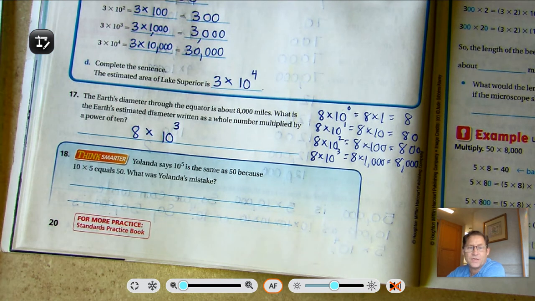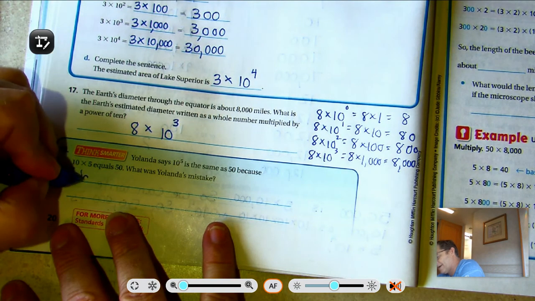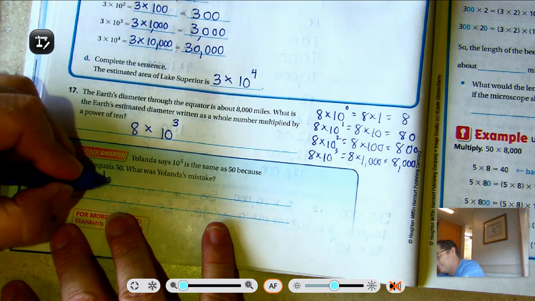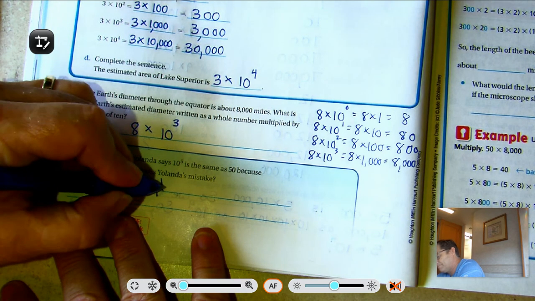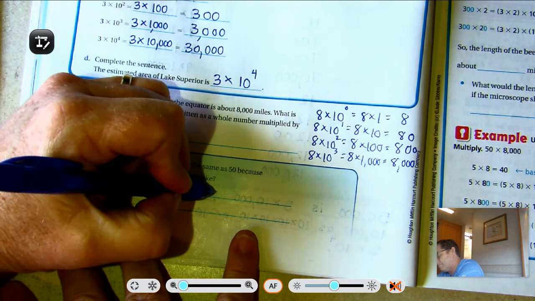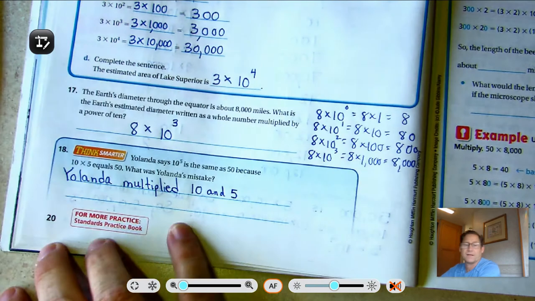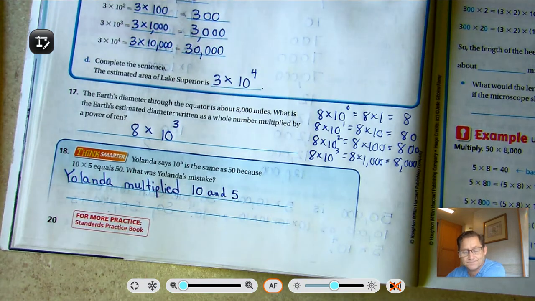And 18. Yolanda says the fifth power of 10 is the same as 50, because 10 times 5 equals 50. What was Yolanda's mistake? Well, isn't she multiplying the 10 and the exponent? Okay, so she looked at this and said, oh, 10 times 5, that's 50.